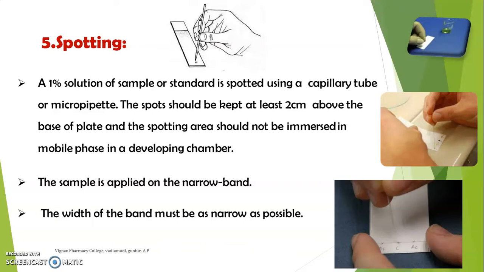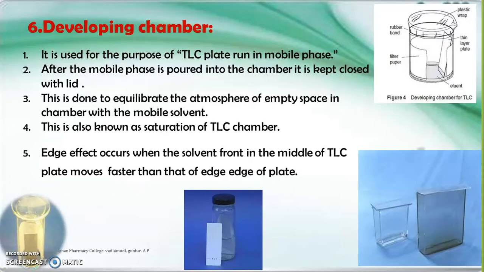So this care we have to take, that there should be a baseline from the bottom of the plate, so that whenever we are putting this TLC plate in the chamber, the spot should not go inside the mobile phase. The sample is applied as a narrow band, and the width of the band must be as narrow as possible.